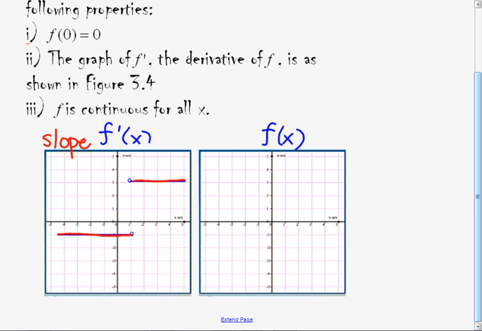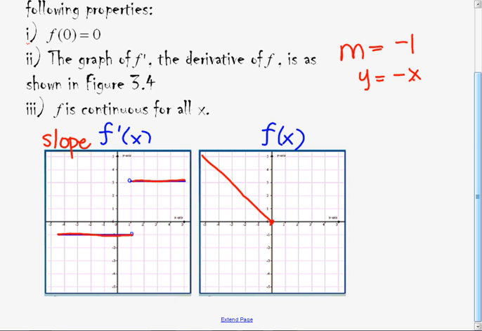So if the slope is -1, then what does that graph look like? Negative x. What's the slope of y equals negative x? -1. Okay, so we're going to start at 0, 0, and I want to go through a line through 0, 0 that has a constant slope of -1.